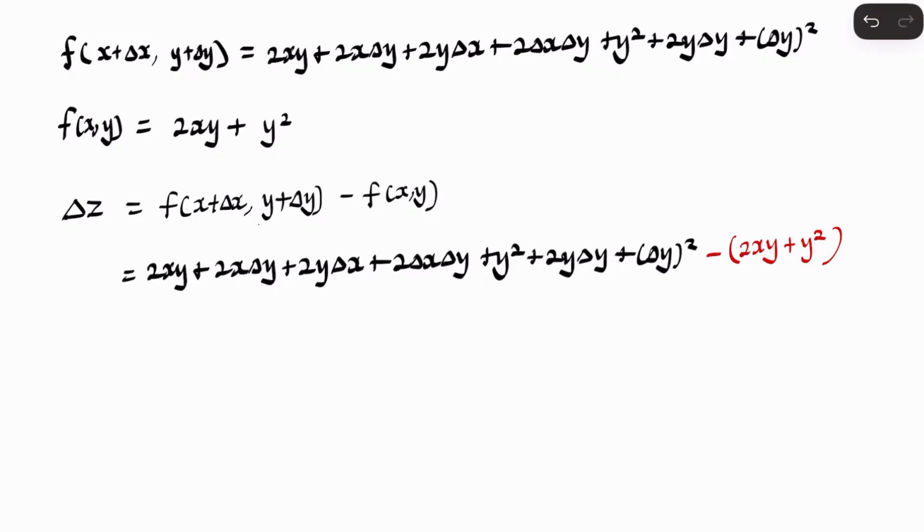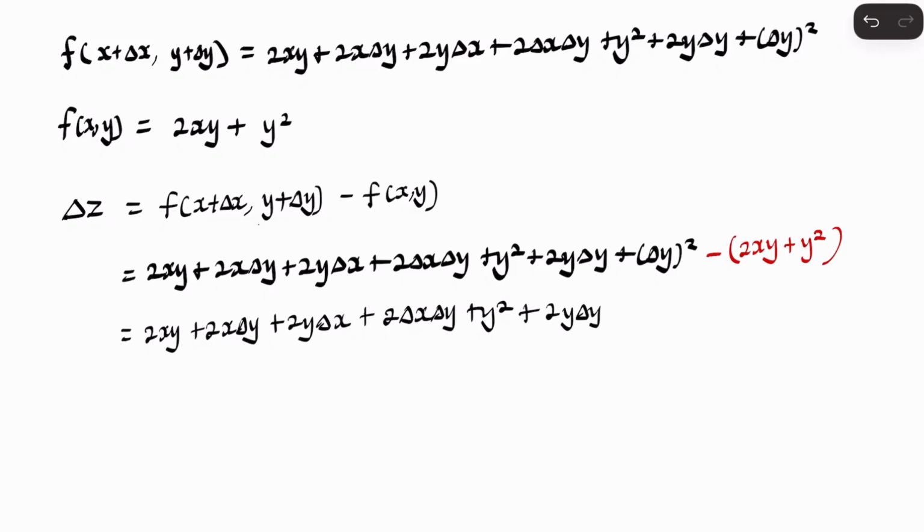We have 2xy plus 2x delta y plus 2y delta x plus 2 delta x delta y plus y squared plus 2y delta y plus delta y all squared, then minus 2xy minus y squared.